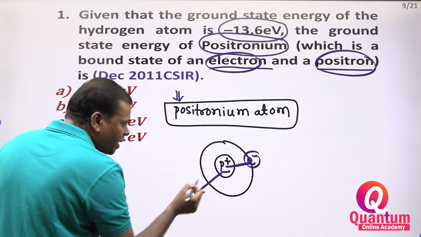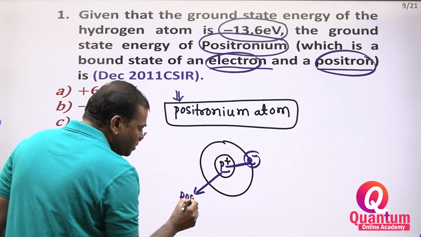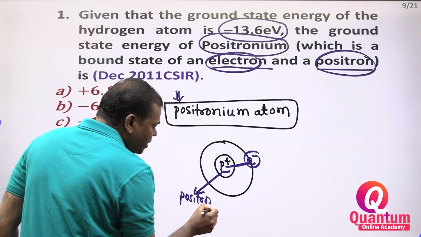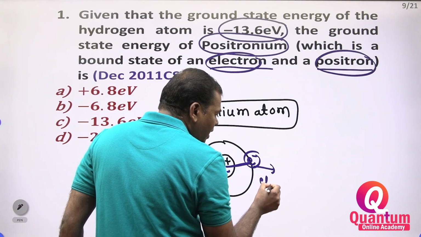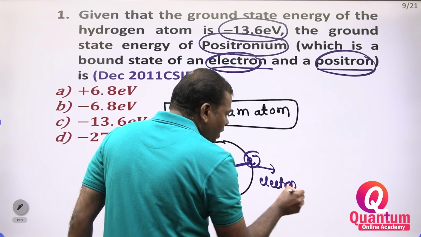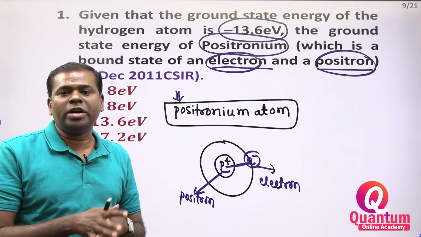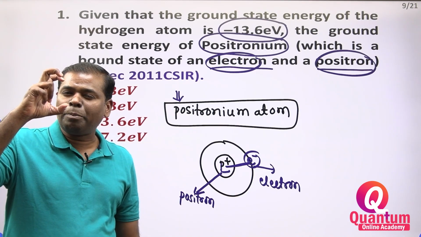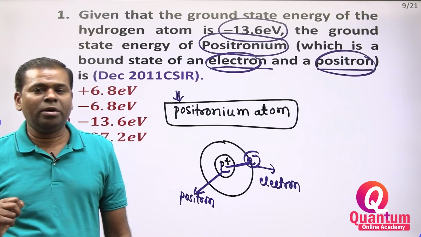In the center, positron is there. In the orbit, electron is there. The combination of positron and electron we call a positronium atom.